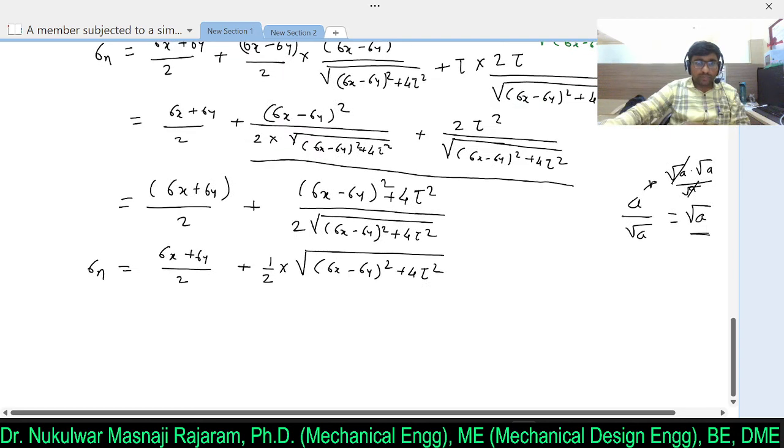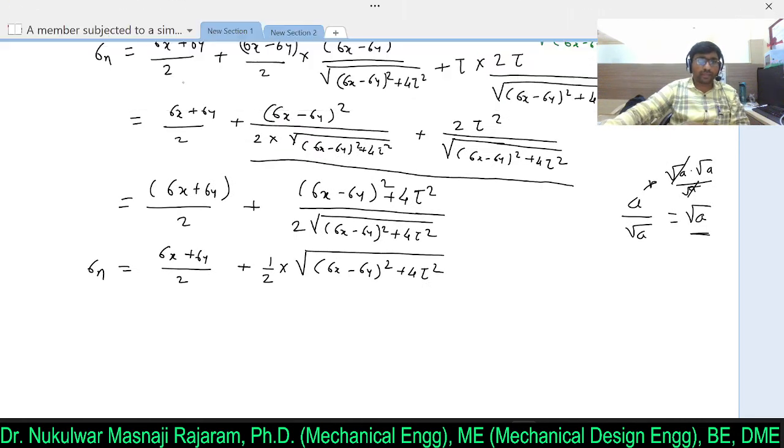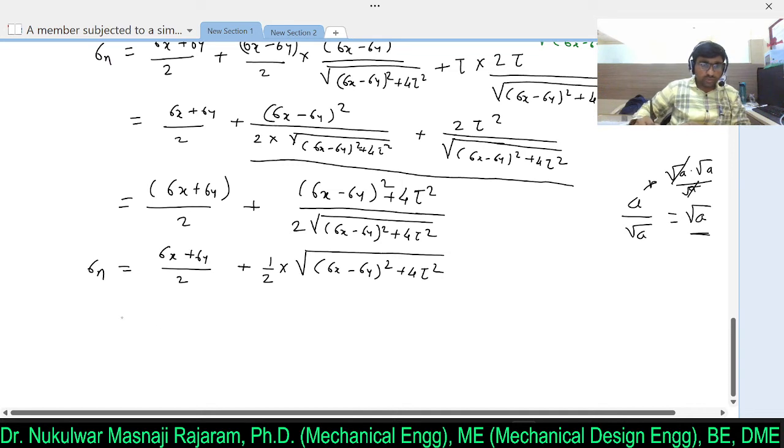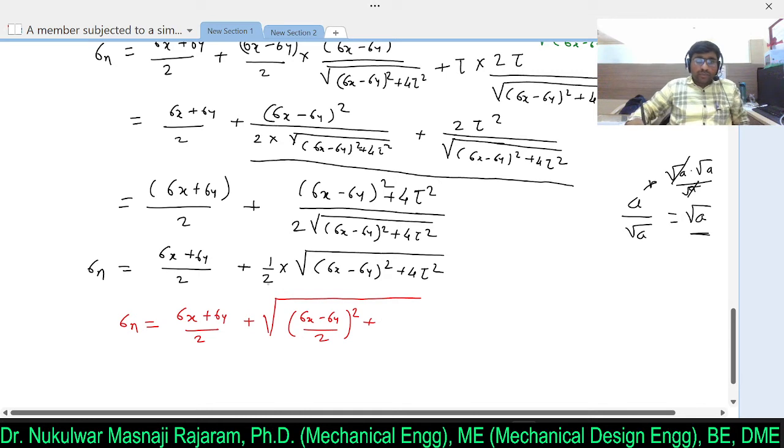And if you take the 2 inside, then I will get another result, that is the normal or principal stress acting on that oblique plane FC, equal to sigma x plus sigma y divided by 2, plus under root of, in bracket, taking 2 inside, sigma x minus sigma y divided by 2 whole square, plus, when you take 2 inside it becomes 4, and 4 divided by 4 gets cancelled, so this will be tau square.